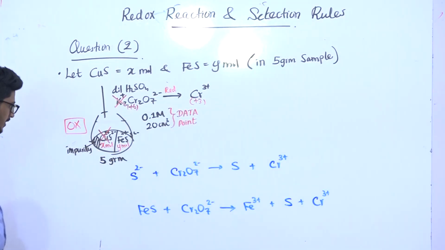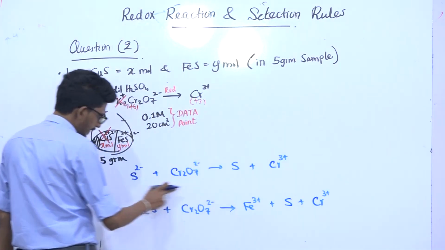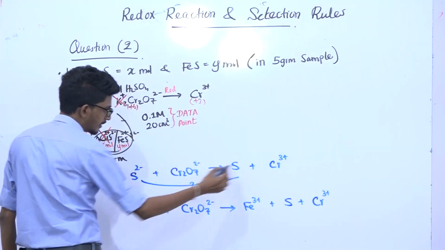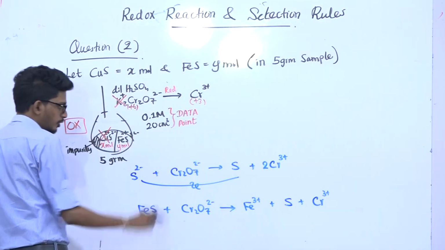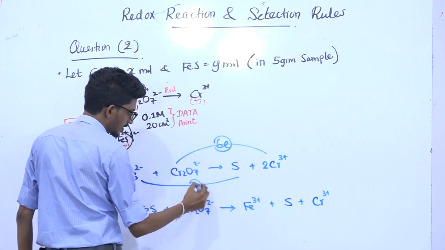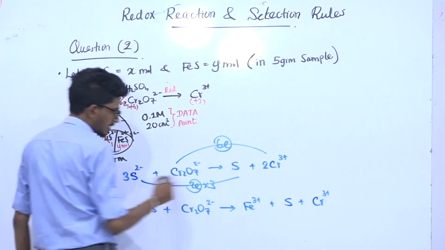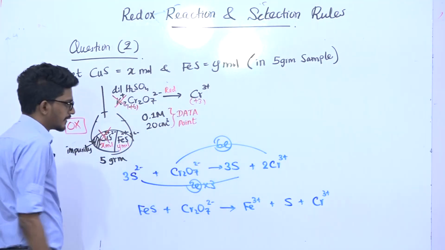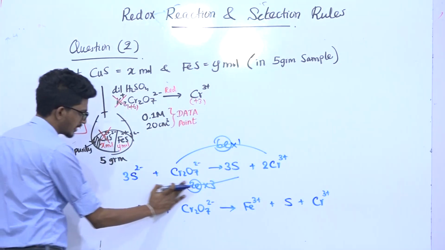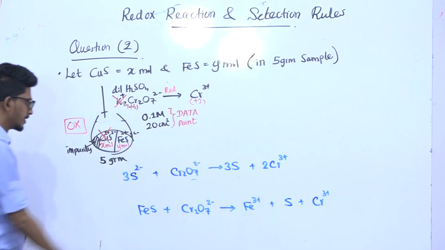Let's balance the stuff. S goes from minus 2 to 0, a 2 electron difference, so you need to put 2 here. Plus 12 to plus 6 is a 6 electron difference, so you need to multiply this by 3. Then balance using H+ and H2O.